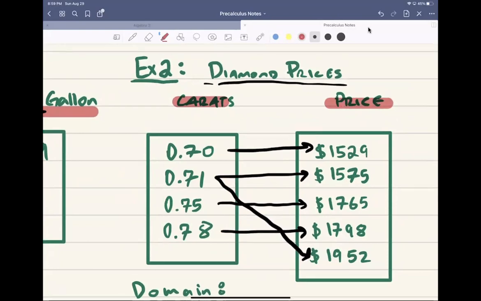So you look here, you have 0.7 carats. That's going to give you $1,529. If you have 0.71 carats, you're either going to pay $1,575 or $1,952.